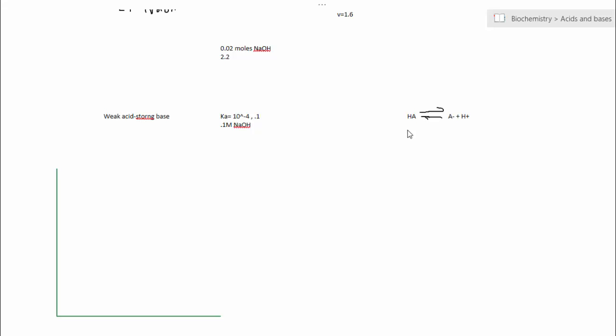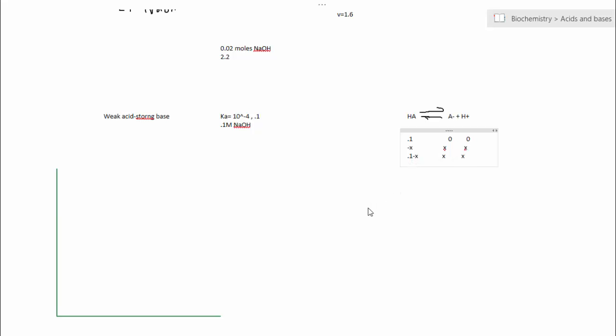The initial concentration of HA will be 0.1, and A minus will be 0, and H plus will be 0. Then the change will be minus X, plus X, plus X. At equilibrium, it will be 0.1 minus X, X, and X.